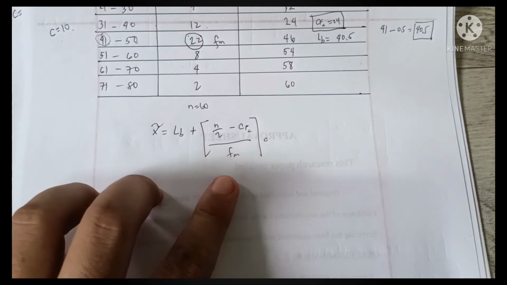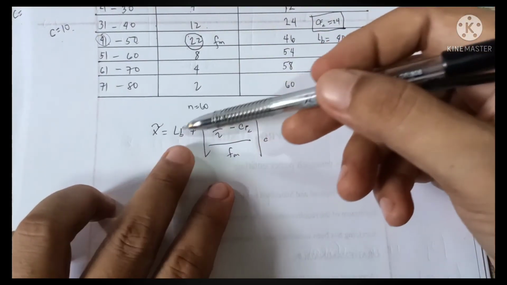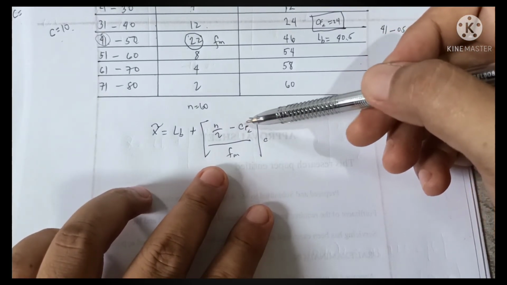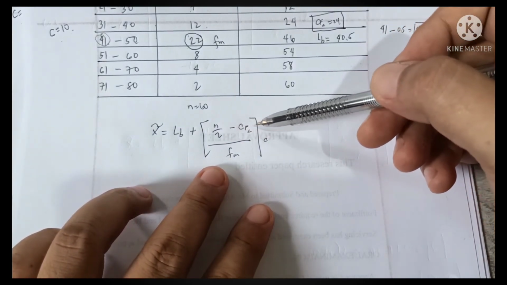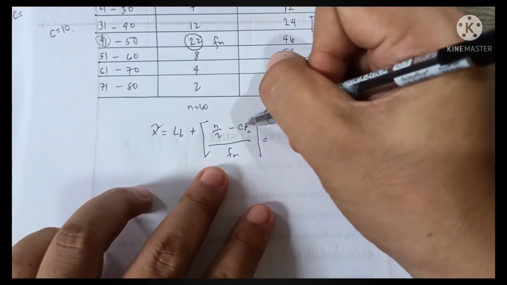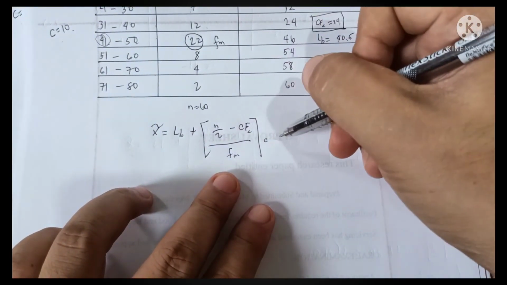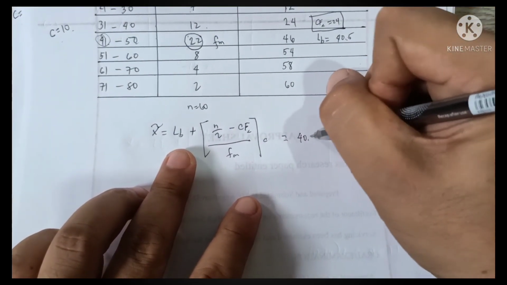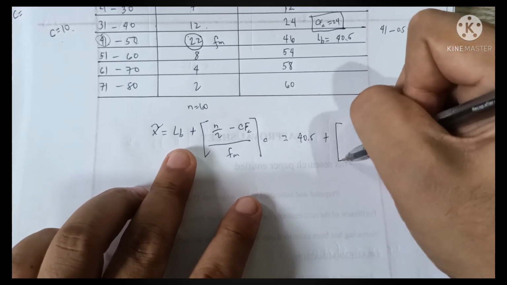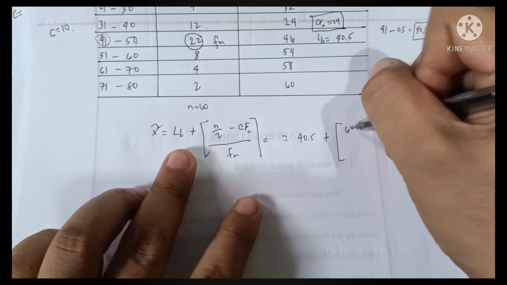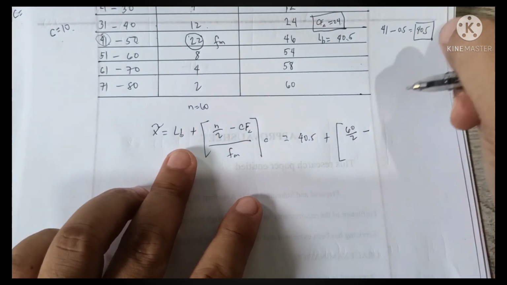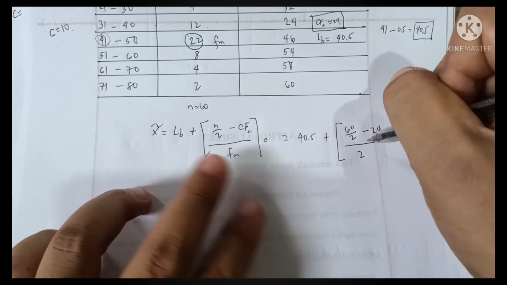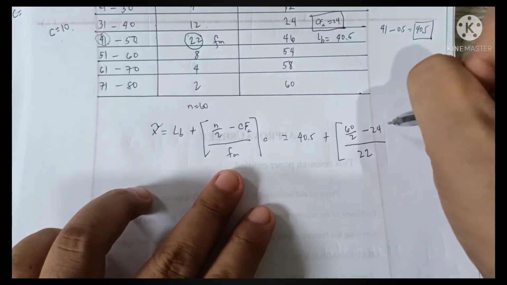So, therefore, now we can calculate the median. Okay, so this is our formula. Median equals lower boundary plus, open and close parenthesis, N over 2 minus CF, less than CF, over FM, times C. So, substitution, what is LB? 40.5 plus, okay, the bracket. So, this is 60 over 2 minus 24, then, all over, the FM is 22.